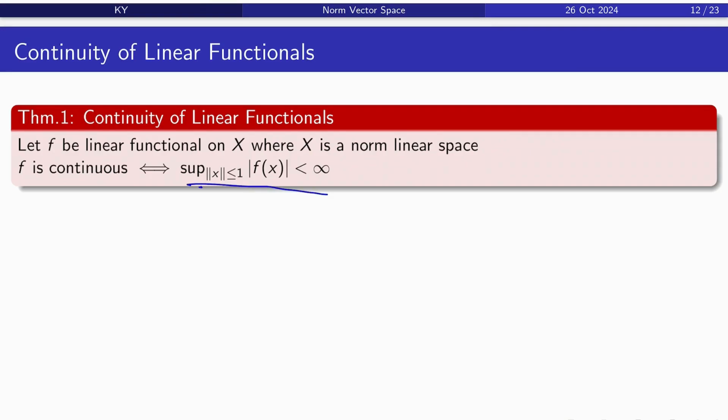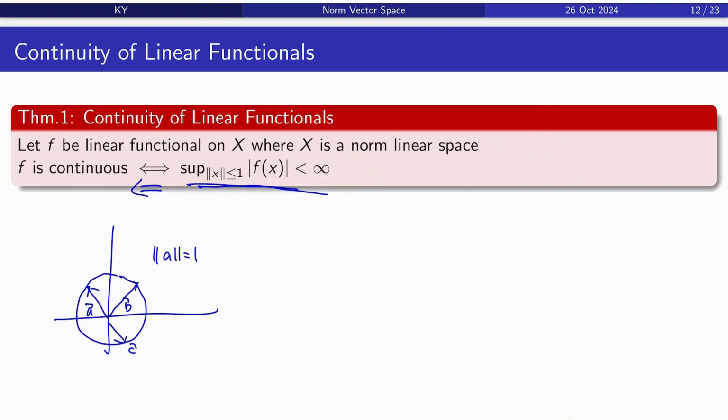If you read it from right to left, what we do first is take a set of different vectors. We're taking A, B, C. Each one of them has a unit length of 1. This also applies to B and C.